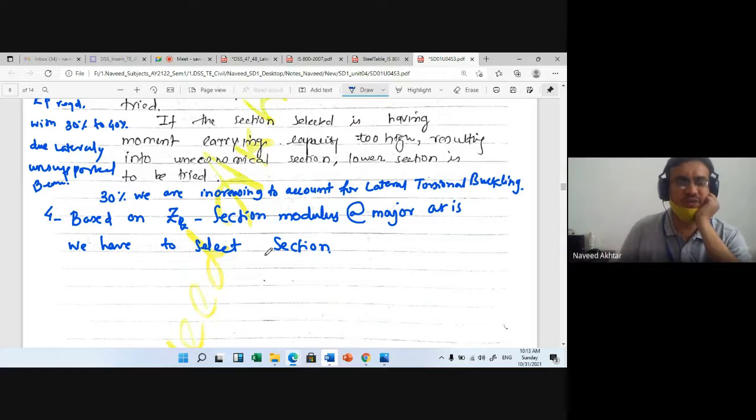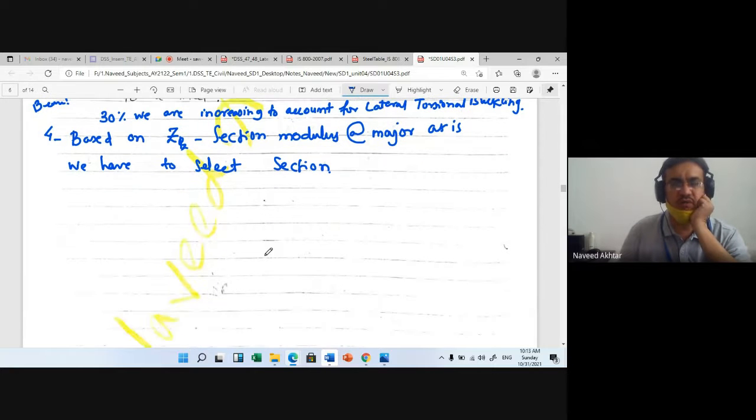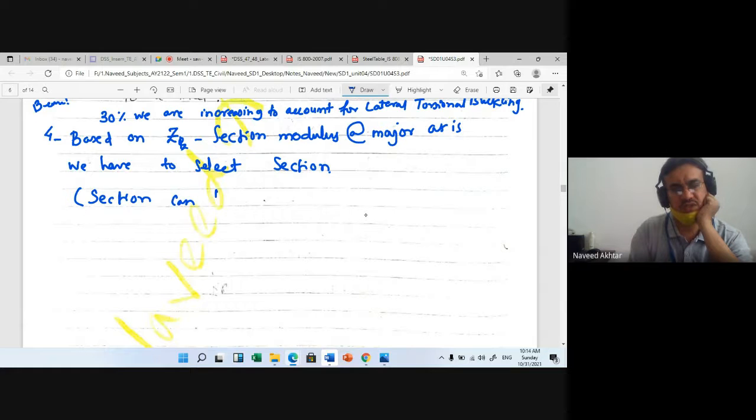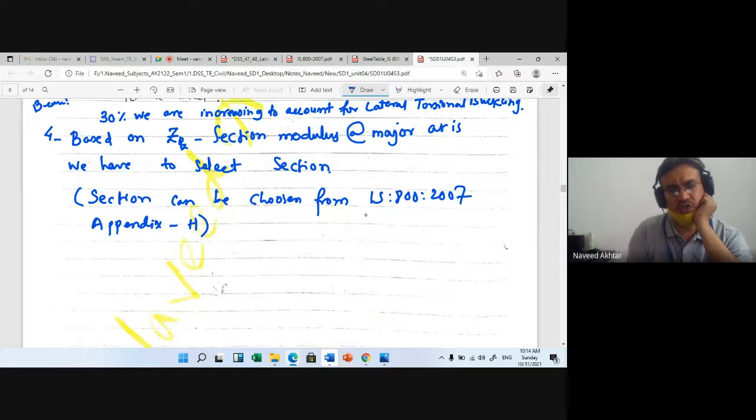So based on Zpz, the section modulus about the major axis, we have to select the section, and the section can be chosen from the steel table, from IS 800 2007 Appendix H.